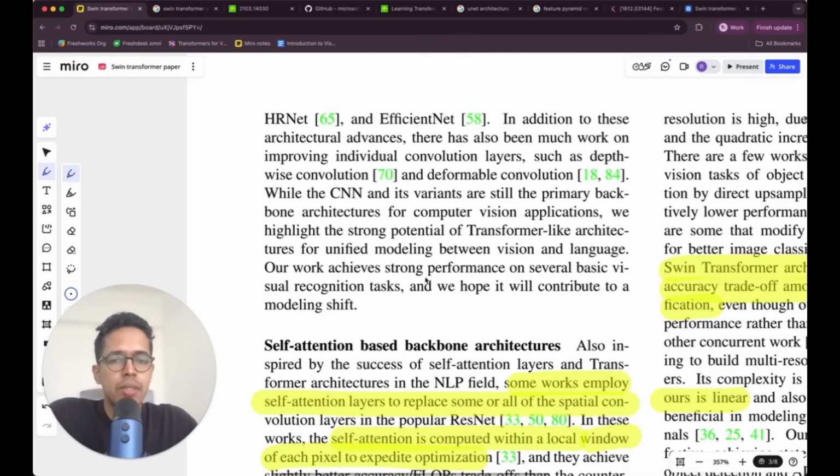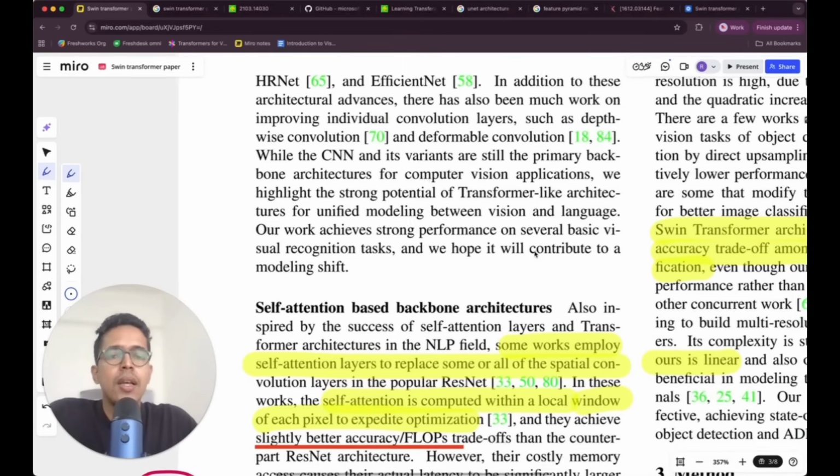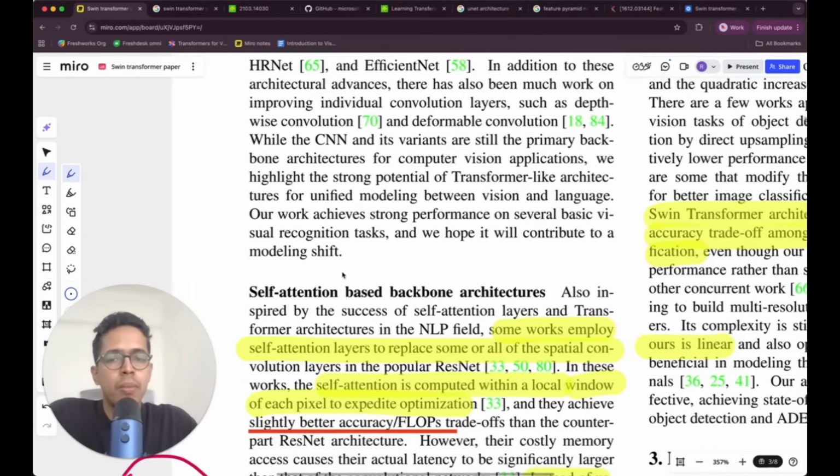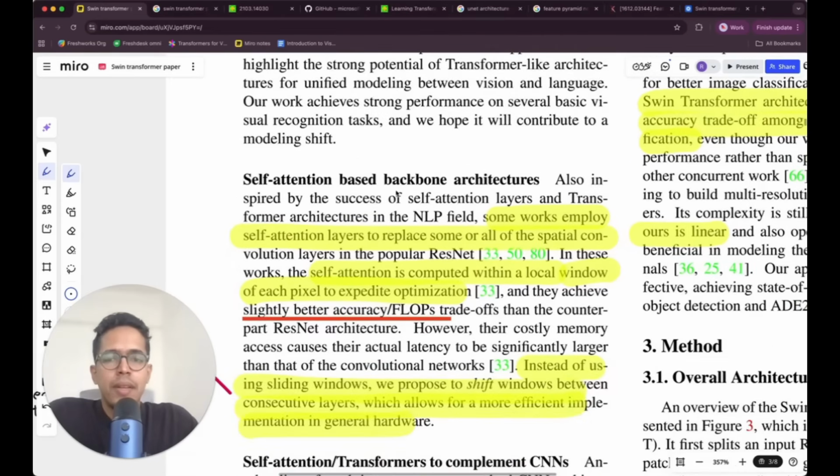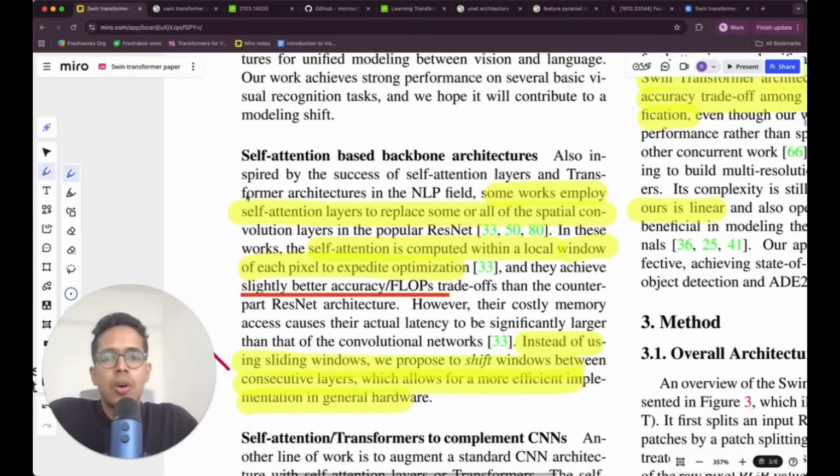Our work achieves strong performance on several basic visual recognition tasks, and we hope it will contribute to a modeling shift." Self-attention based backbone architectures. "Also inspired by the success of self-attention layers and transformers in NLP, some works employ self-attention to replace some or all of the spatial convolution layers in the popular ResNet." I'm not aware of these works exactly, 33, 50 and 80.